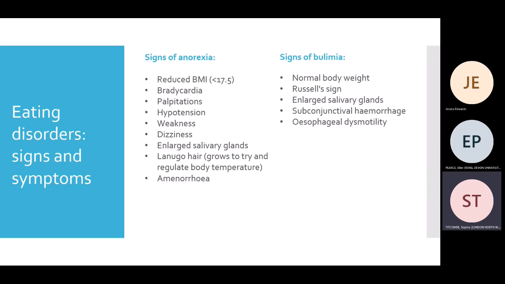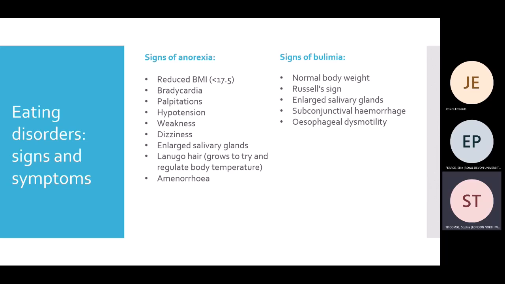They might have Russell's sign, which refers to the development of calluses on the back of the knuckles, and that's from where patients are making themselves sick and their teeth are coming into contact with that area of the skin. We also see enlarged salivary glands, subconjunctival hemorrhage, and esophageal dysmotility, with those final three symptoms all coming about as a direct consequence of being sick.